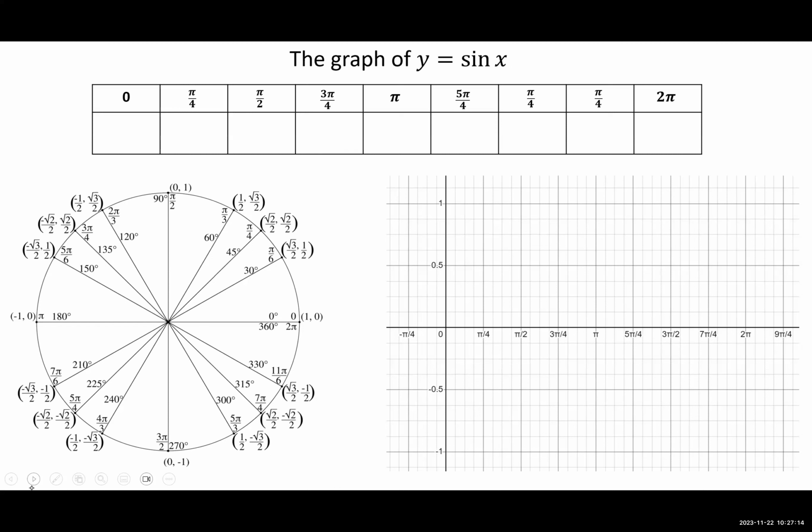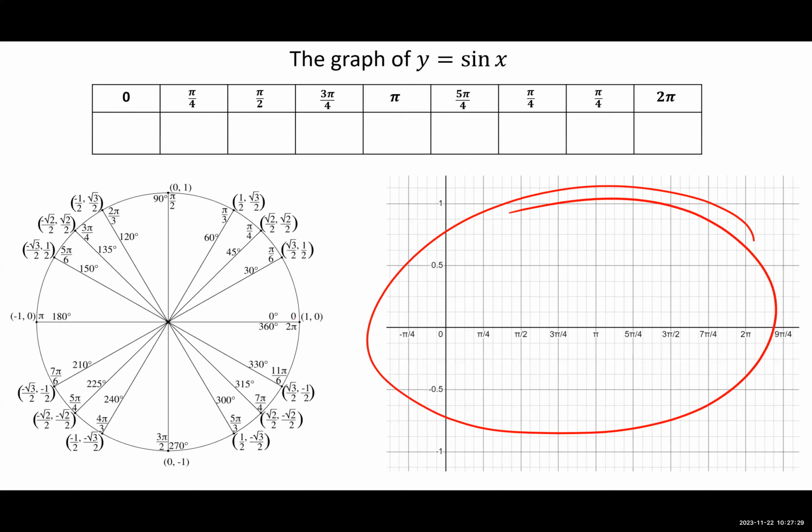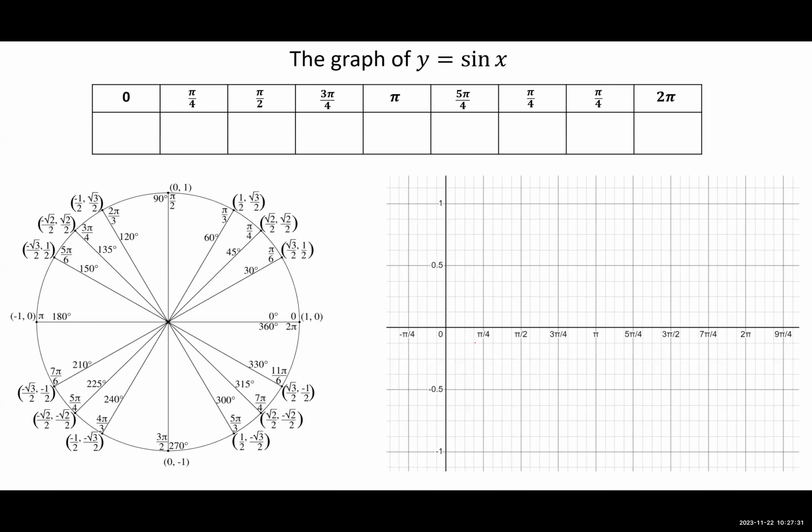Okay, so again, we're going to start by plotting points. I'm going to look at multiples of 45 degrees or multiples of pi over 4. Notice on the right-hand side, where I'm going to be graphing, the x-axis is labeled in terms of pi. Negative pi is going that way, positive pi is going that way. I have this set up in the correct window.